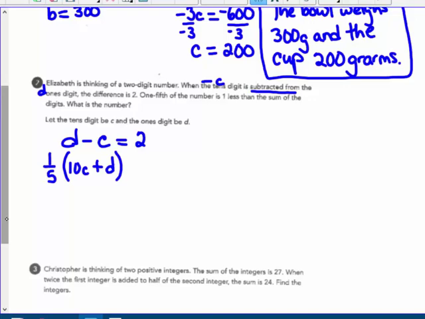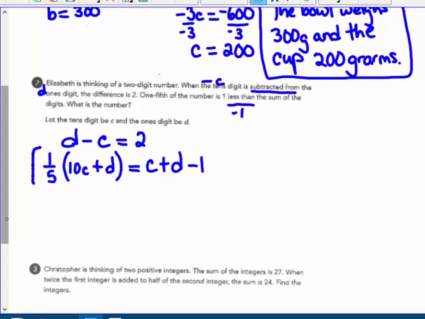1/5 of the number is, well, that's the equal sign, 1 less than, so that's minus 1, the sum of the digits. Well, if I add the tens and the ones, that's the sum, it's 1 less than. I'm going to clear that 1/5.